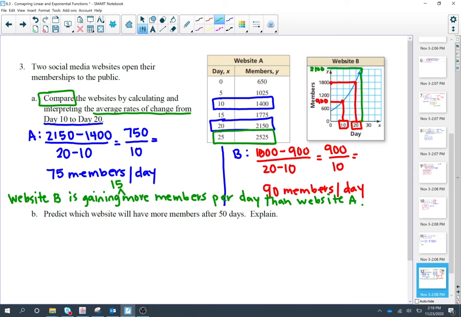So they're getting close together. But this is 25 days, and I'm going to double that to 50. I don't really have to figure this out because these are so close. I'm going to guess website B, and then we might go figure it out.